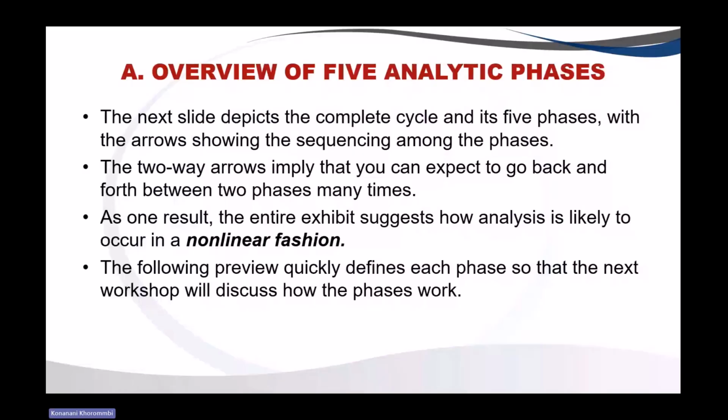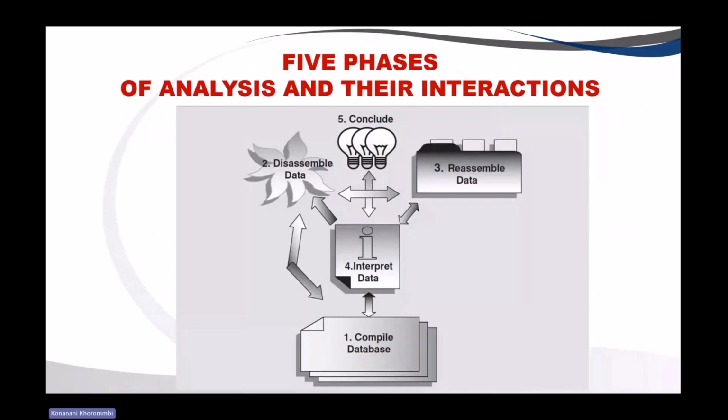Now you can see in this slide at the center, number 4 is interpret data, and that one has got several arrows onto it. If you look at number 1, where you compile, you see that it also points an arrow back. In other words, while you're compiling, you are interpreting.